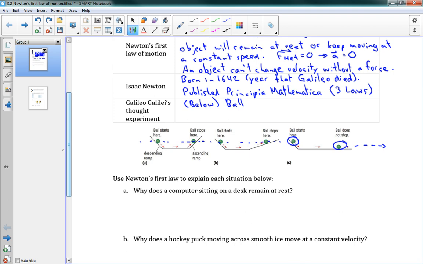So Galileo's thought experiment, the idea is that a ball rolls back up to the same height that it started at, always.